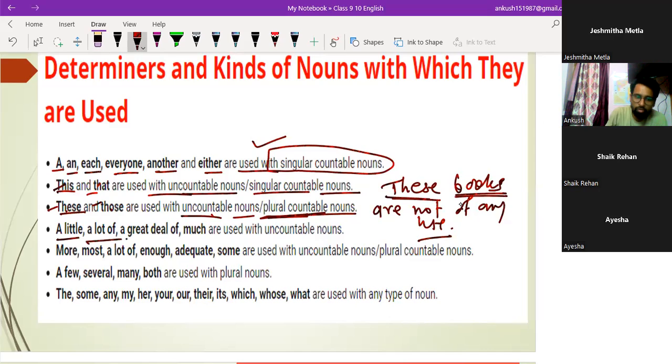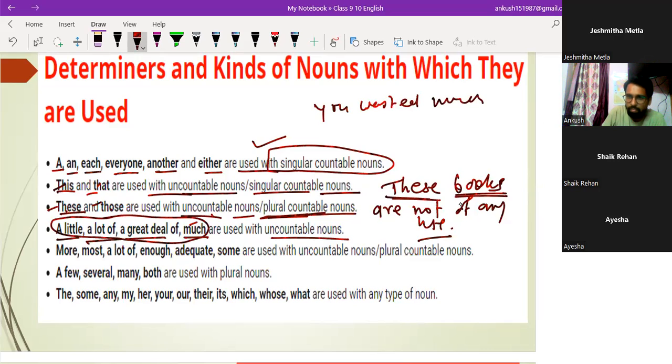A little, a lot of, a great deal of, much. They are used with uncountable nouns, as here we cannot determine the quantity. For example, you wasted much water. Water is an uncountable noun, but it is measurable. Are you getting the point?